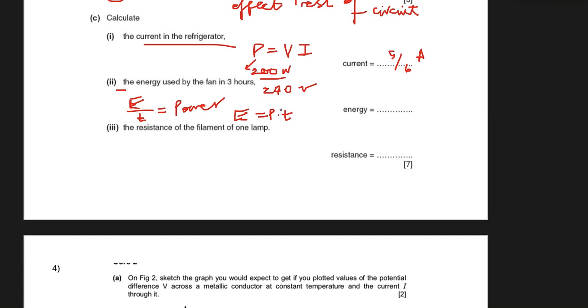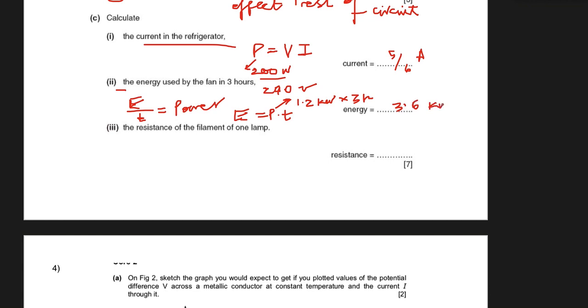Power is already given for the fan as 1.2 kilowatt, and time is given as 3 hours. So the energy consumed in 3 hours will be 3.6 kilowatt hour.